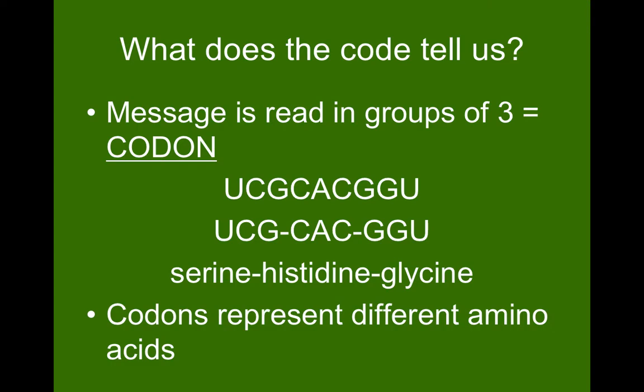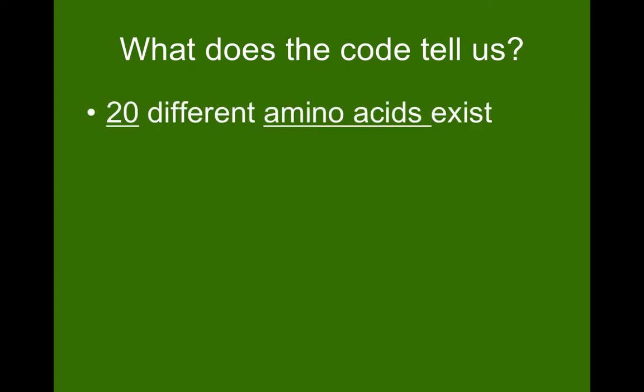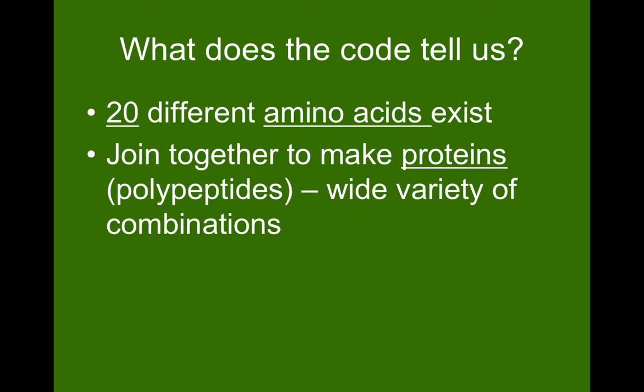But what you have to understand is that different codons can represent different amino acids. Just a little bit of background so you can understand what we're working with here. All proteins that we have are made up of only 20 different amino acids. So it's the pattern that those amino acids create that creates the different proteins that we have.